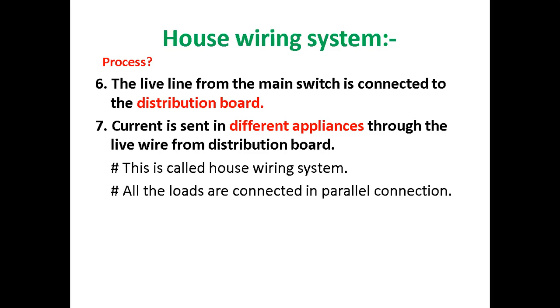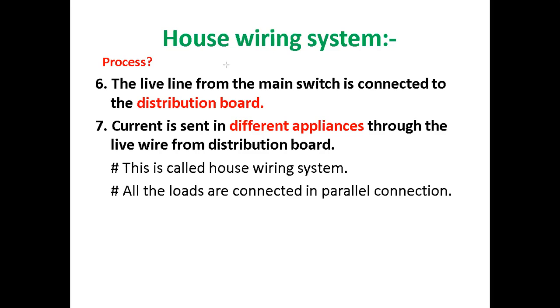This type of wiring is called parallel connection. There are two types of connections. One is series connection and another is parallel connection. I'll make you clear about parallel connection and series connection by one geometrical representation.